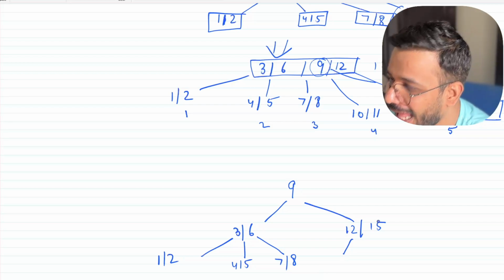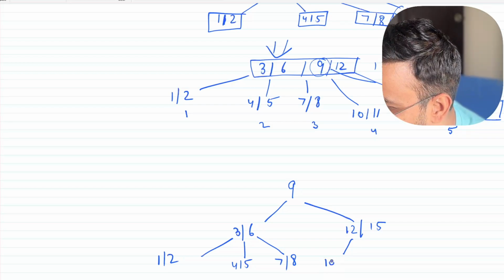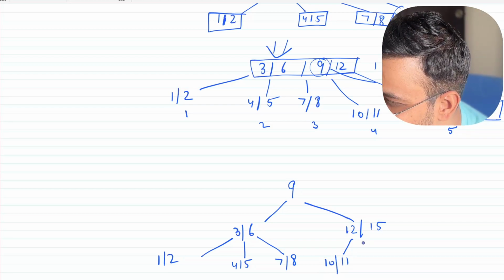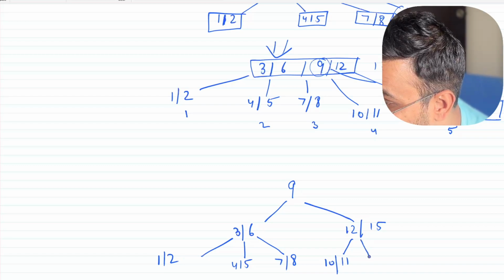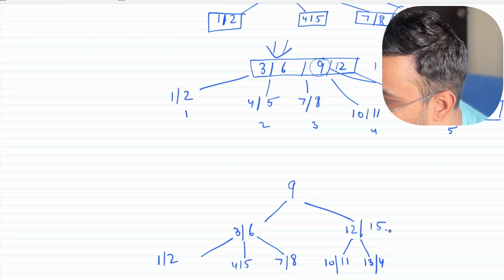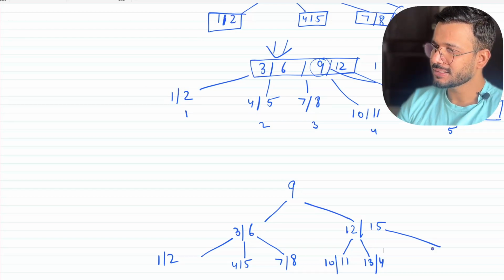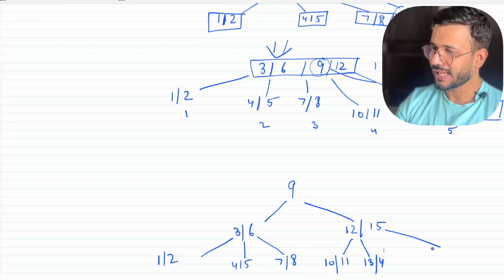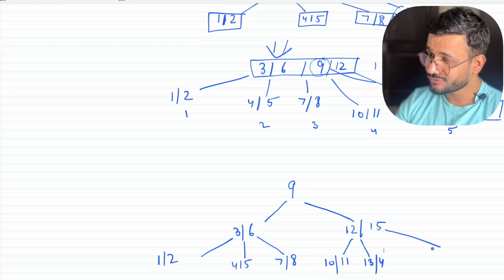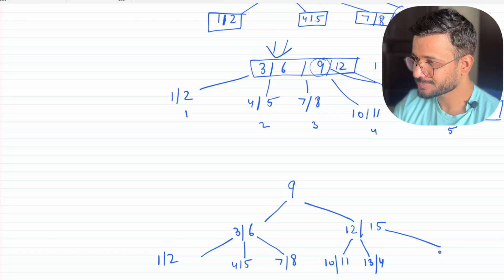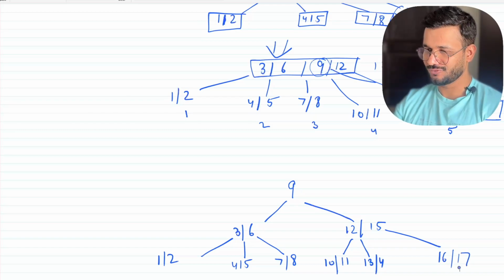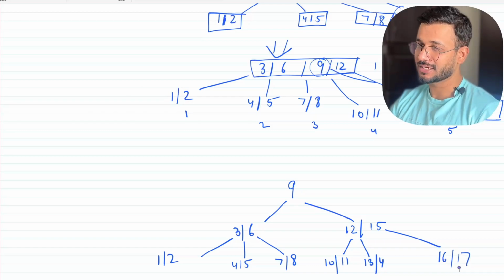So we will have here 10, 11, 12 we already have. We will have 13, 14, and then 15. 15 will be the new root, and the right of 15 will be 16 and 17.